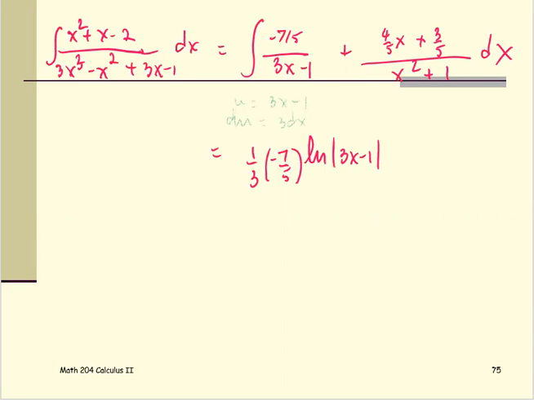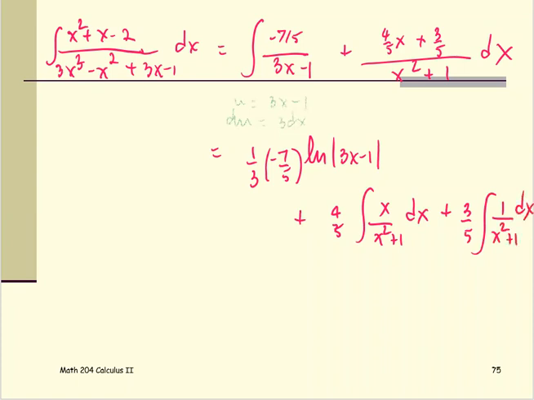And then the second term, we have the term 4 over 5 x plus 3 over 5. So I will break it up into two integrals. The first one is 4 over 5 integral x over x squared plus 1 with respect to x. The second one is 3 over 5 integral 1 over x squared plus 1 with respect to x.